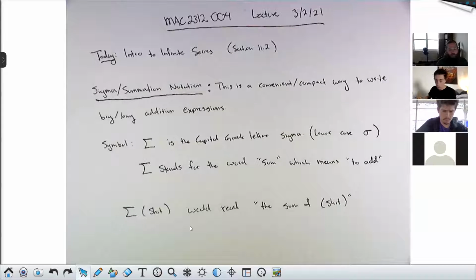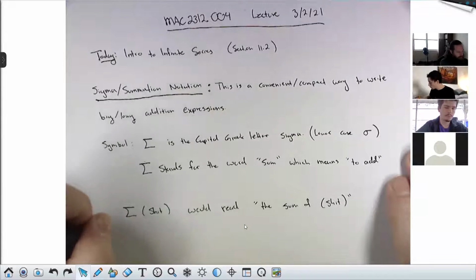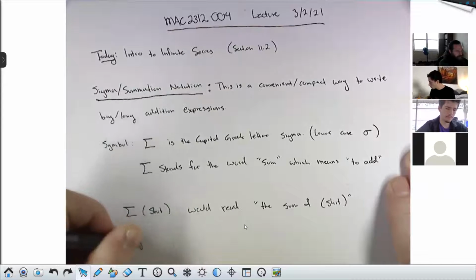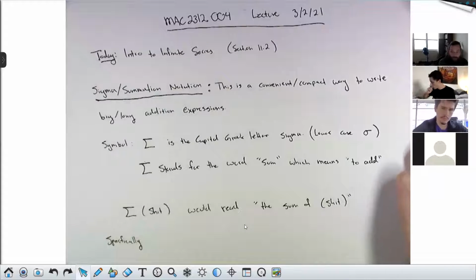And the way that this is used is we put a little index down here to tell us what we're adding up over. So kind of like a definite integral, right? A definite integral says you're going to take this function and integrate it from here to here. Specifically, and this is where it's going to get confusing because sequences are involved here.